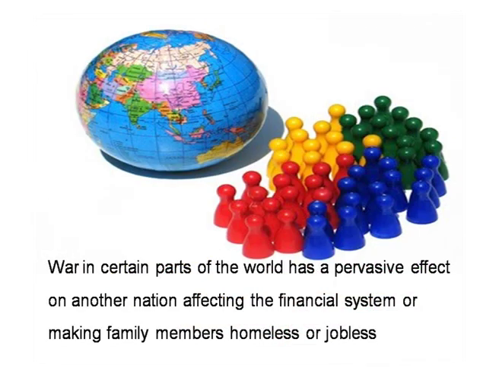It could also be war or natural disaster. The events like war in certain parts of the world have a pervasive effect on all the parts of the globe, affecting the economy of another nation or making family members homeless or jobless.